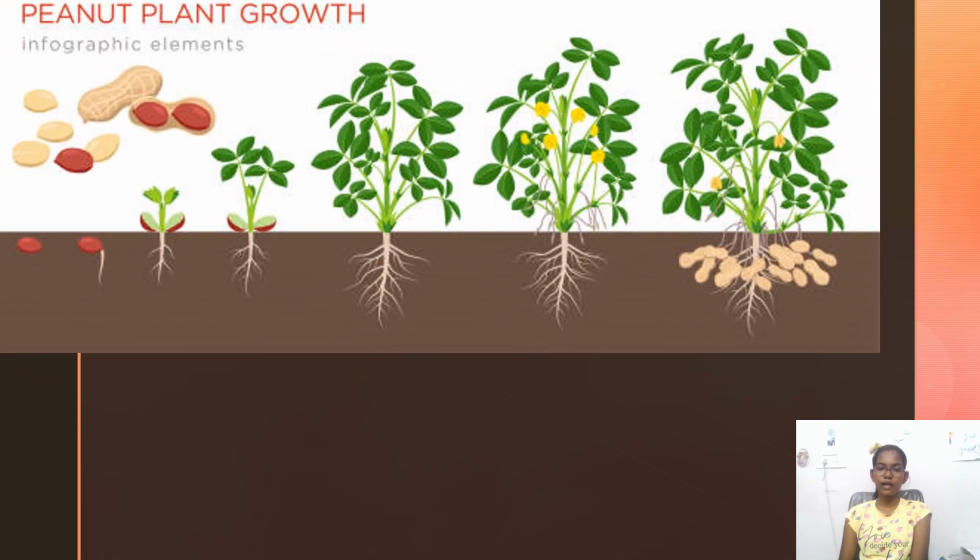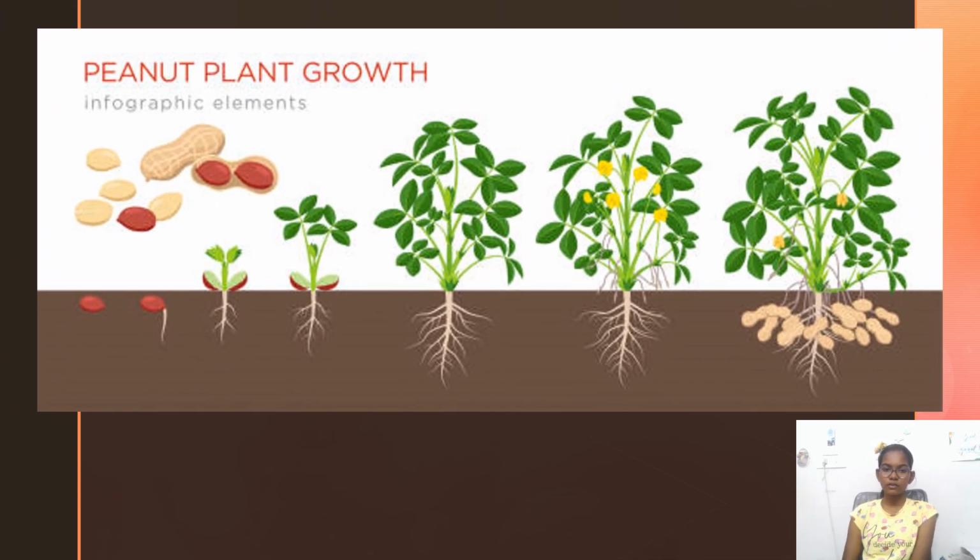Next, let us take a look at peanut plant growth. So we all love peanuts or groundnuts. This is the image of the growth of peanut from a seed to a big plant with more peanuts. As you can see here, we have the seed which is sown in the topsoil, and it develops into a plant.